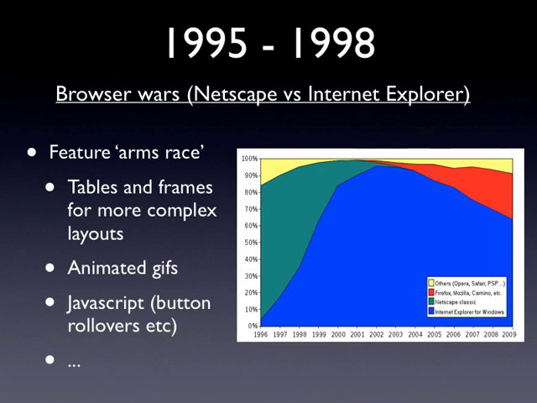And so they were both kind of competing for market dominance, and the way that they usually did this was to cram as many new features into their web browsers as they possibly could. So this is when you had a lot more visual capabilities added to the web browser. So you had things like tables and frames started to be added, support for animated GIFs. You had the addition of scripting languages like JavaScript to start adding little bits of interactivity.